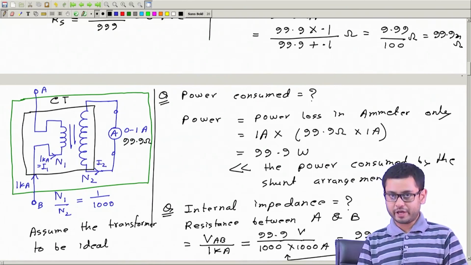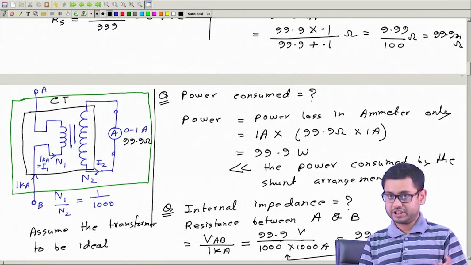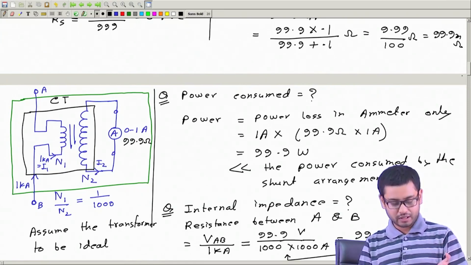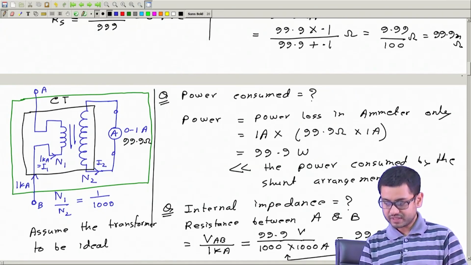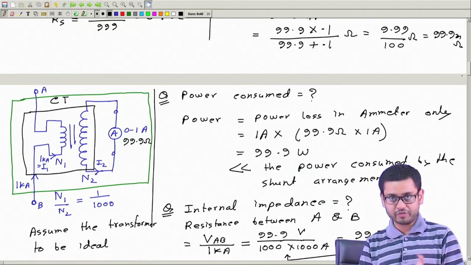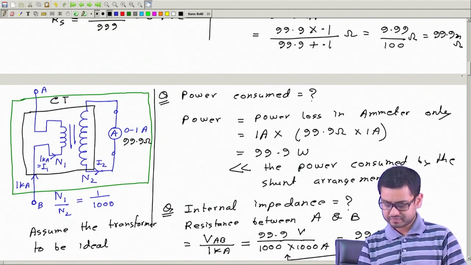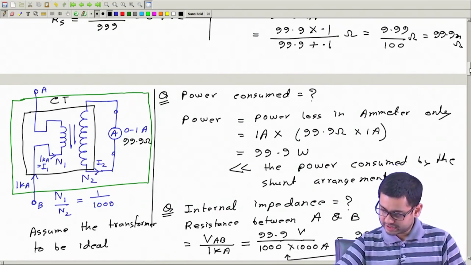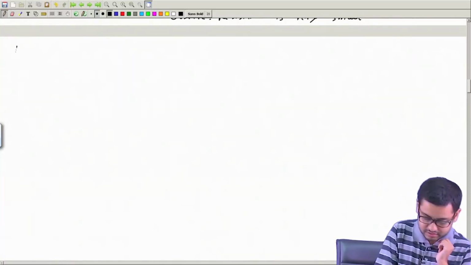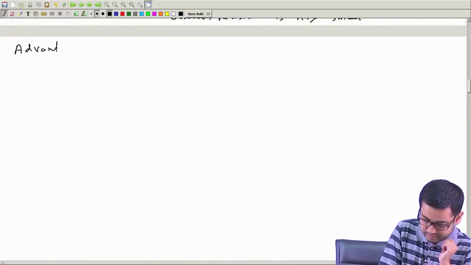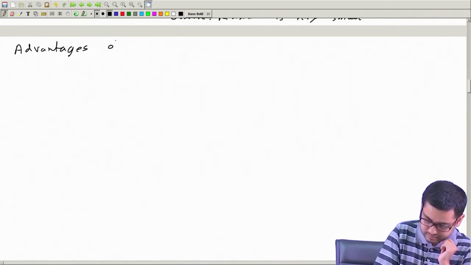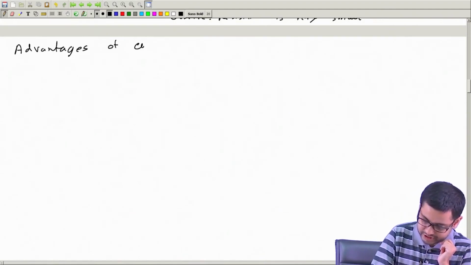So these are some advantages of using a current transformer instead of a shunt resistance. Okay, so these are some of the advantages of a current transformer. Okay, so let's write advantages of CT.